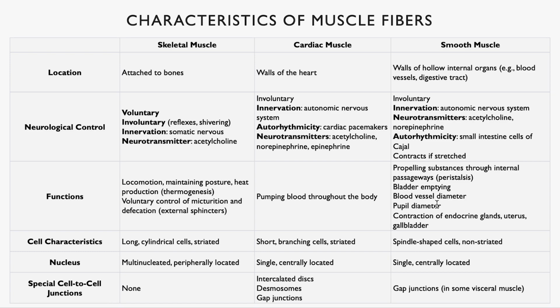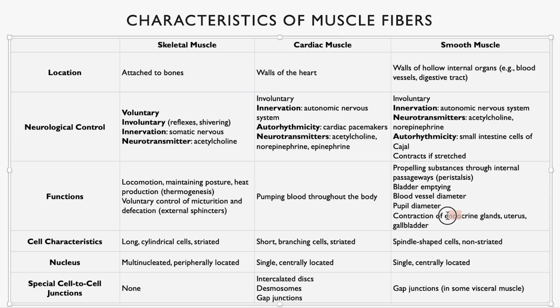Also, there are some special cells called myoepithelial cells present in many glands, for example, mammary glands, endocrine glands, that allow the ejection of the breast milk or the secretion of exocrine secretions. And uterus, gallbladder, contraction of many different viscera.